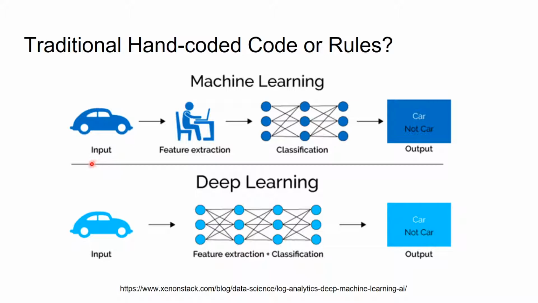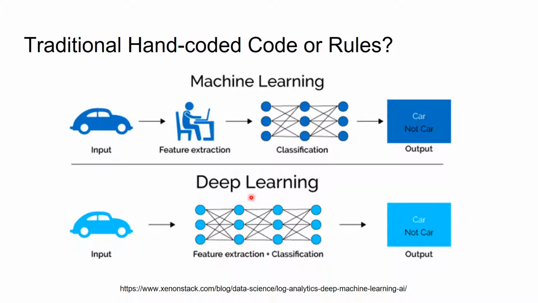Then we put in another picture and let the computer distinguish whether it is a car or not. The computer will use the features extracted by humans and its rules to distinguish this. So in machine learning, the most important thing is the feature extraction, and this depends on the human. If he gives a wrong feature, the computer will give a wrong answer. This is machine learning.